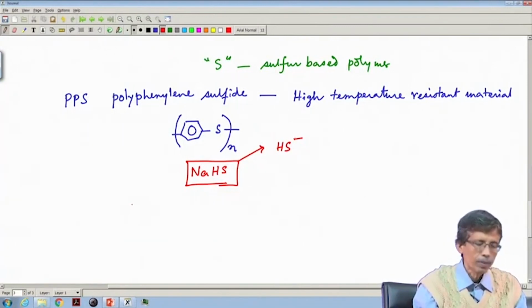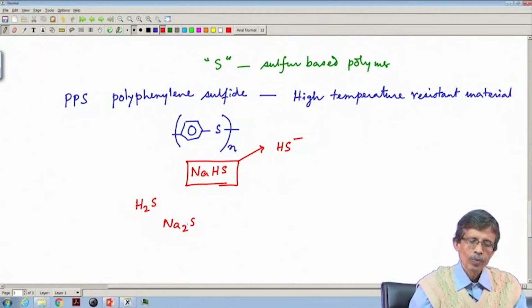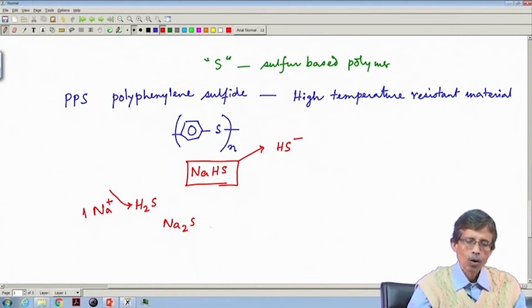These bisulfide ions are again very useful for different purposes that we will see, and what the reactions are basically we will see in our next class, whether we can use H2S directly or sodium sulfide. So two things you can do, either you make a monosodium salt, where one of the sodium ions is replaced, or you remove one of the sodium from here to get the corresponding one with the introduction of a proton.